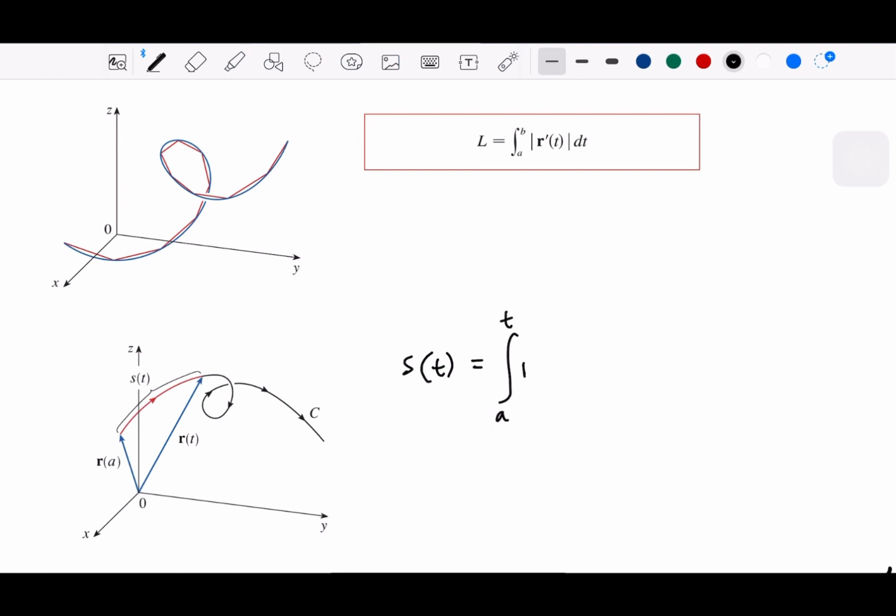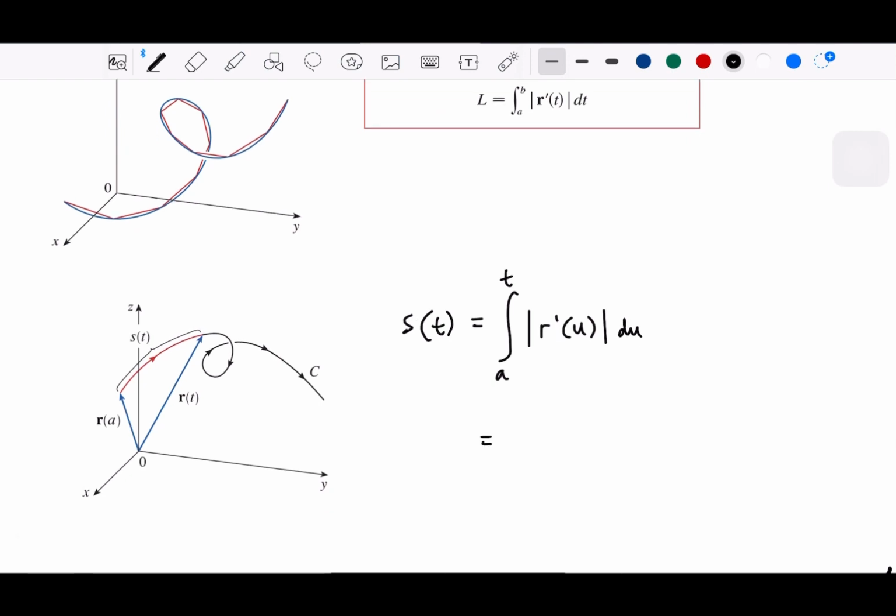And then we need another variable to make this integration work, so I will take the variable u. So we can write this as the magnitude of r prime u du, and then break down everything.